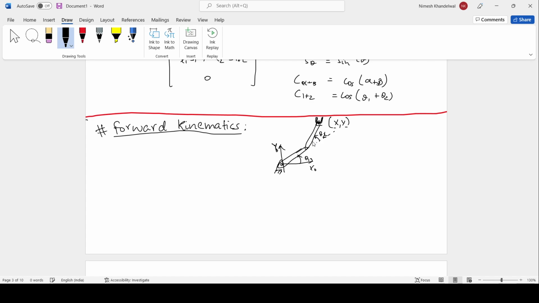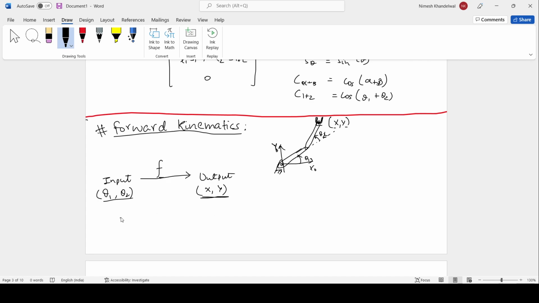So there is an input, that is theta 1 and theta 2 in this case, and then there is an output, that is x and y in this case. The function that maps input to the desired output, that map is called the forward kinematics.